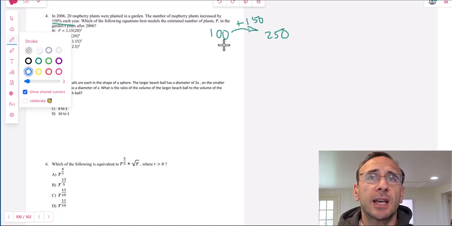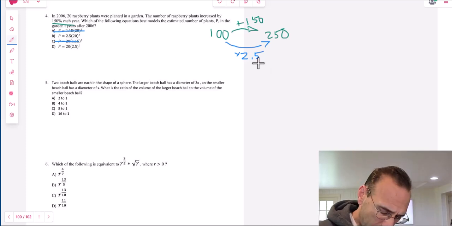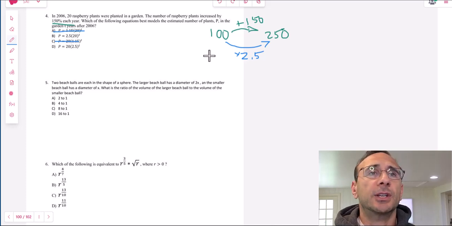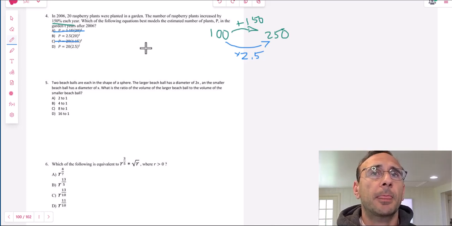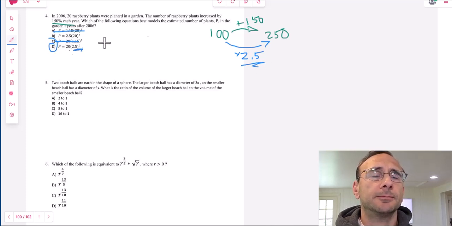The alternative is, how could you get there directly just by multiplying? And it ends up that you multiply by 2.5. So straight away, it's got to be B or D. And then different ways to go. It turns out each year you want to times by 2.5, so the 2.5 needs to go with the t.